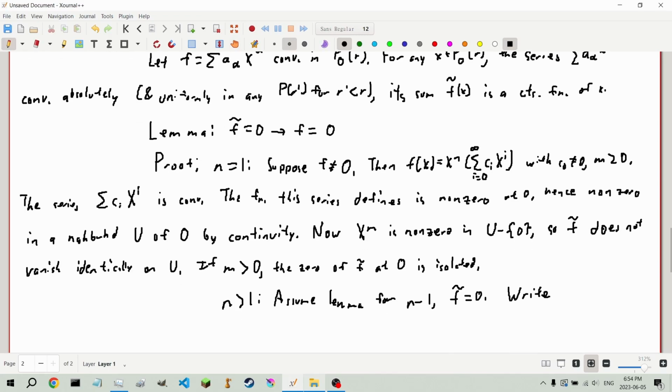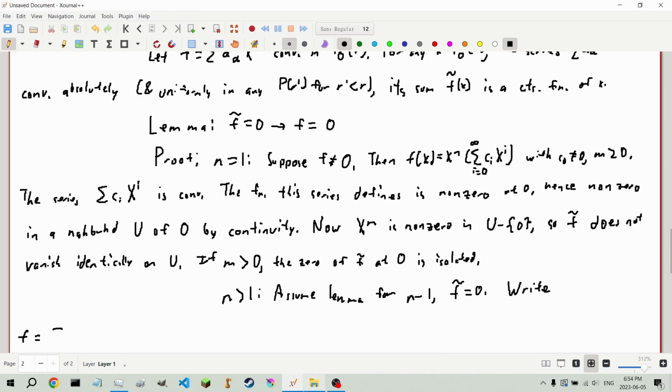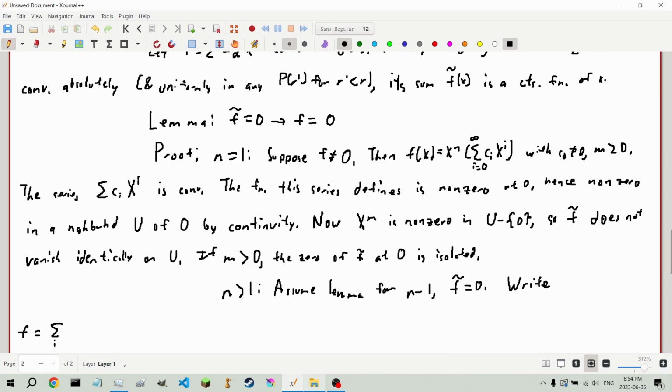Write f in a new line as the sum over i of c_i of x1 through x_{n-1} times x_n to the i, for of course c_i being in the power series ring in the indeterminates x1 to x_{n-1}.